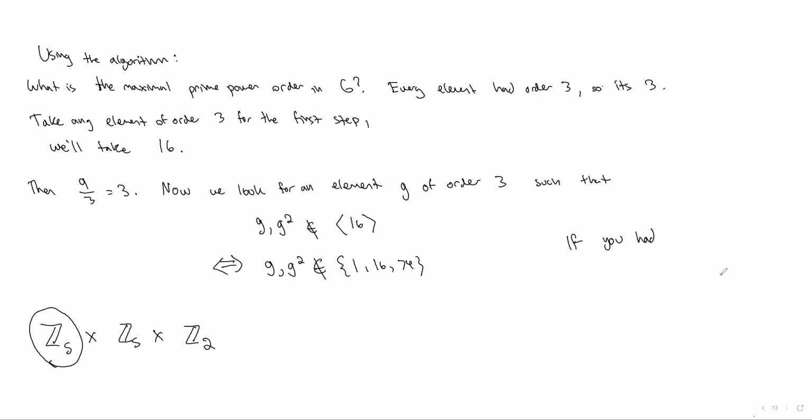Like, if you found an element of order 8, and the total order was, let's say, 32, then 32 over 8 is 4.